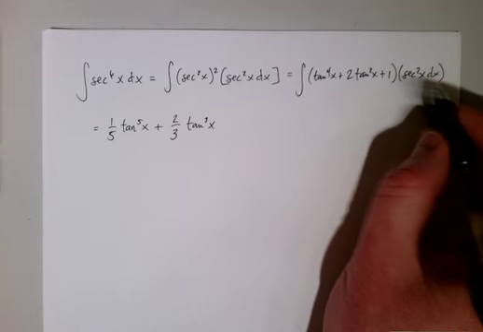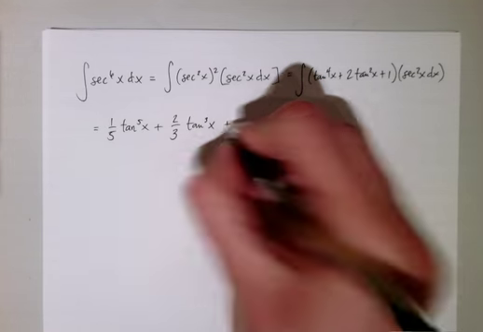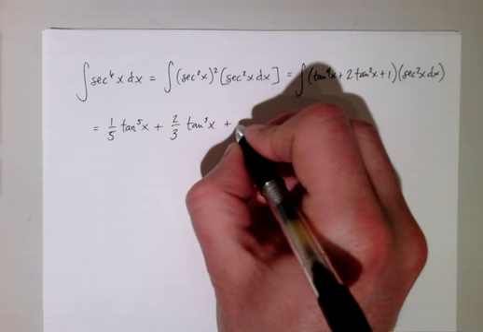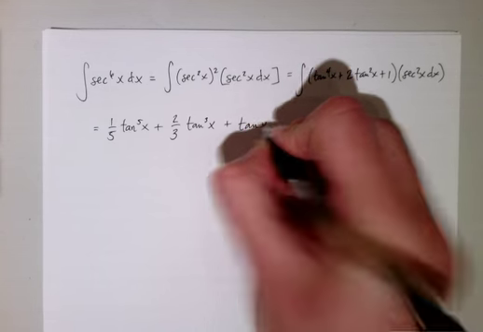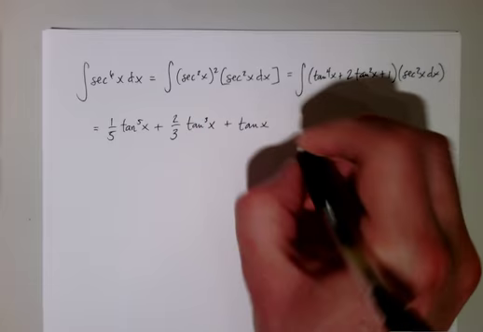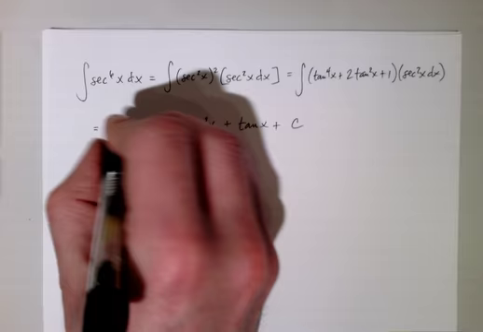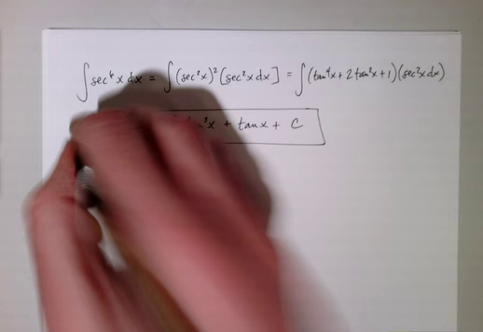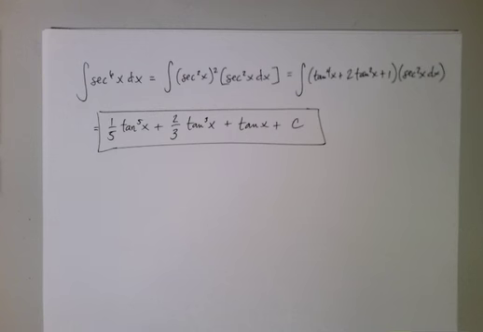And then my last integral, if I were to actually split this up, is just secant squared. Well, secant squared very easily gets integrated or anti-differentiated into tangent, and then we just have to tack on the plus c.